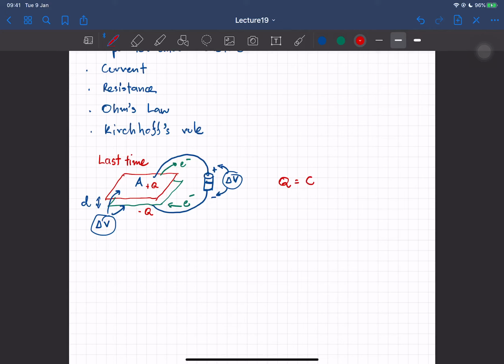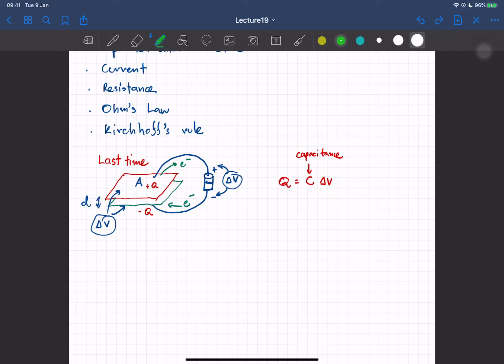The thing which is called the capacitance, which again depends on the geometrical configuration of the system, like how large the plate is, the distance between the plates, okay, and of course times the potential difference of the battery that you put in, right? So this dependence on delta V makes sense because if you use a larger battery, connected to the same capacitor, you should have more charge on the capacitor, right? So Q is proportional to delta V. That totally makes sense, I think.